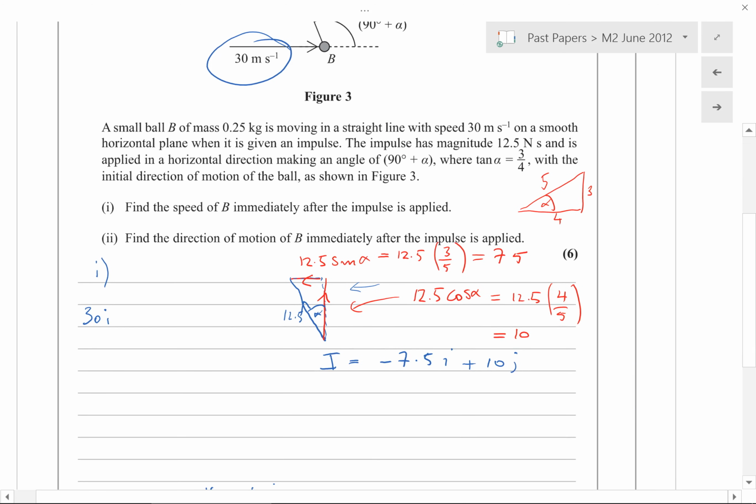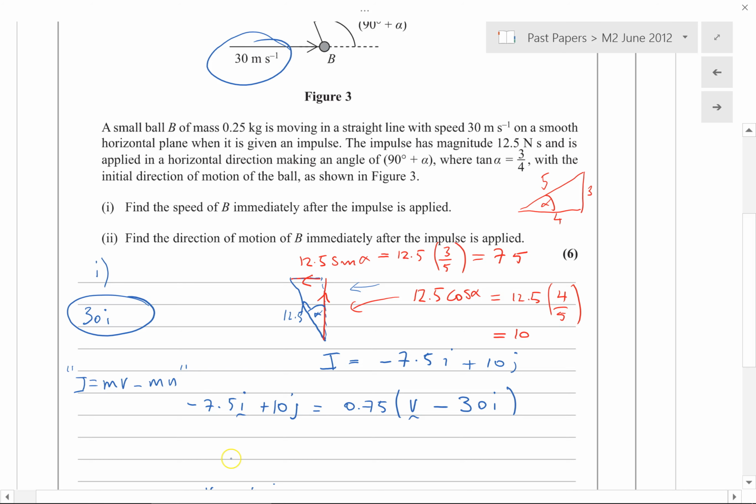So we can now just use our momentum equation. Impulse is equal to mv minus mu. So we have minus 7.5i plus 10j equals 0.75 times the final velocity, and remember the initial velocity is 30i, minus 30i.